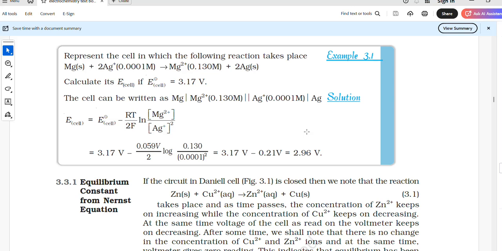Now you have to find out the log of 1.3 into 10 power 7. How to find out the log of 1.3 into 10 power 7? Find the log for 1.3, and the 10 power 7 is taken as 7.0.